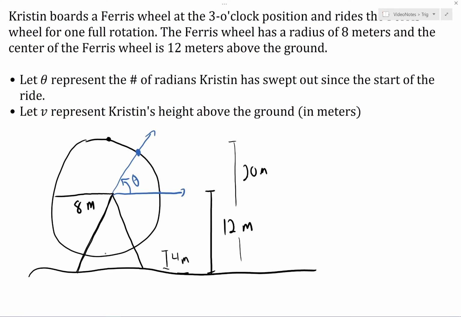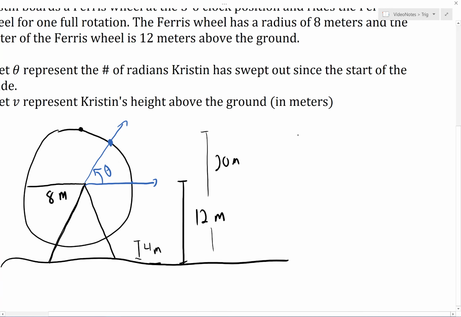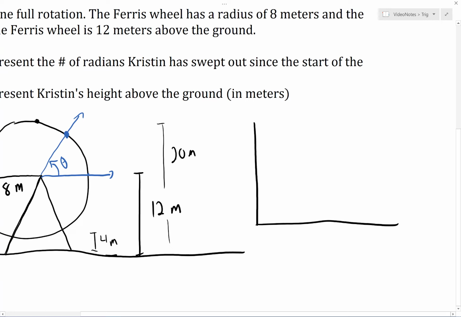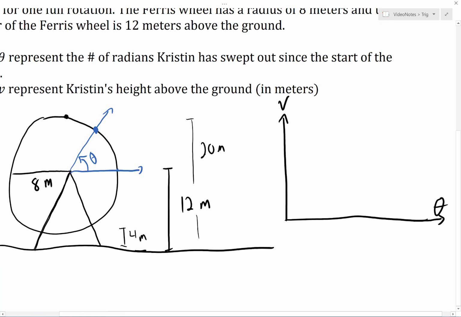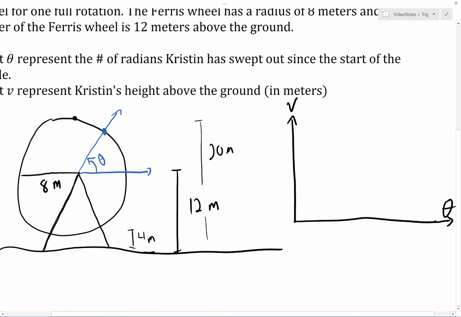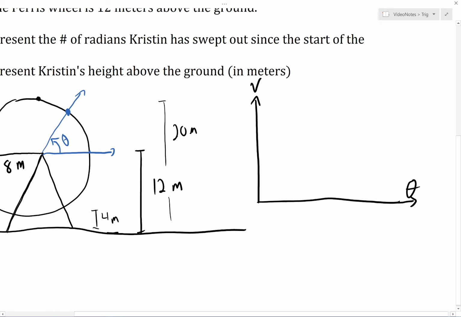So let's start by drawing a graph that shows how theta and v vary together. We'll draw a set of axes, something like this. We'll represent theta on our horizontal axis, and v on our vertical axis. Kristen makes one full rotation around the Ferris wheel, so we're imagining theta varying from 0 to 2 pi.